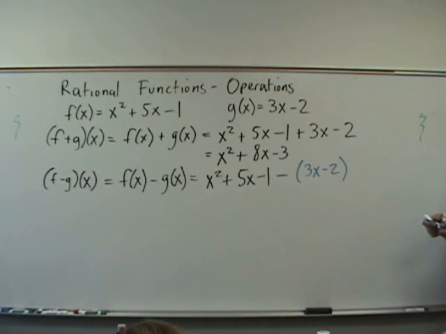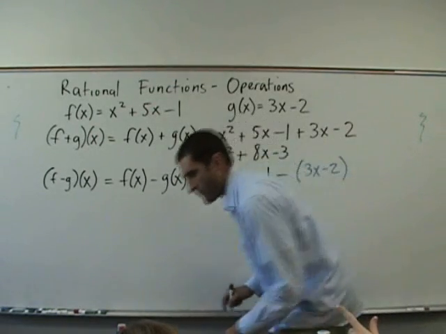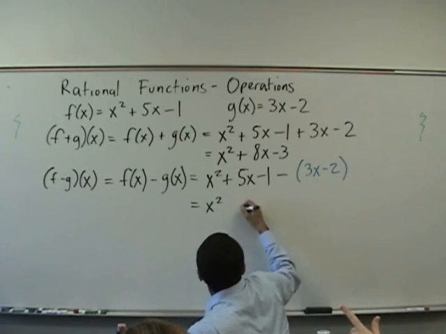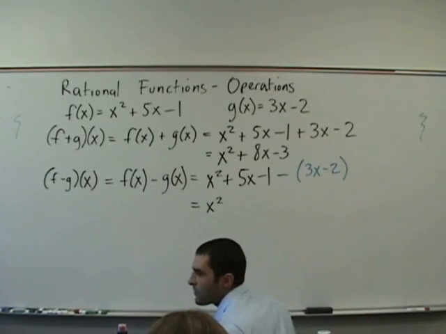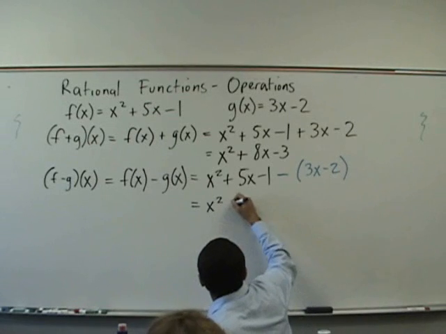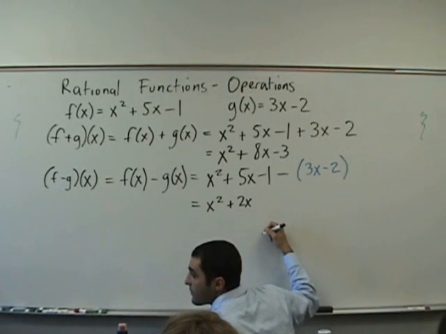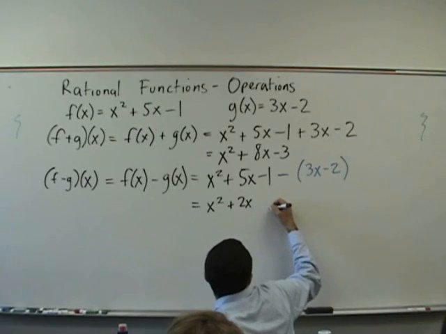So x squared plus 5x minus 3x is plus 2x. And minus 1 plus 2 is plus 1.